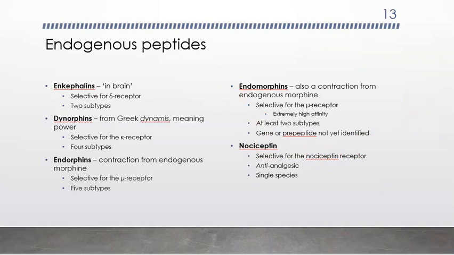And when we're talking about our endogenous peptides in general, you should know that they weren't even identified until after the opioid receptors were identified. And remember, those weren't identified until the 70s. So endogenous peptides weren't identified until the late 70s. And we're actually still identifying new endogenous peptides.